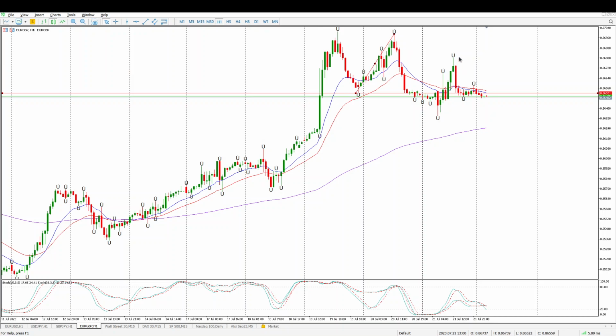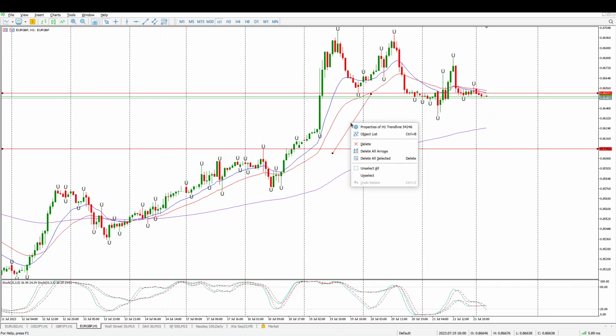This little break above the structure here on Friday was not conducive to actually holding on to this trade. So that would be my target there, 0.86077.